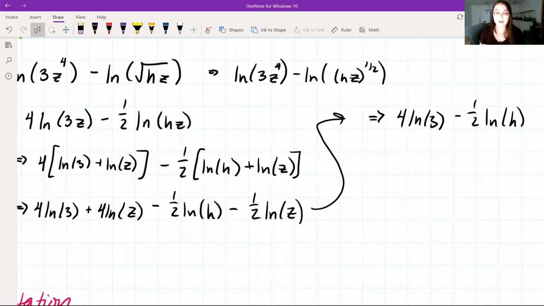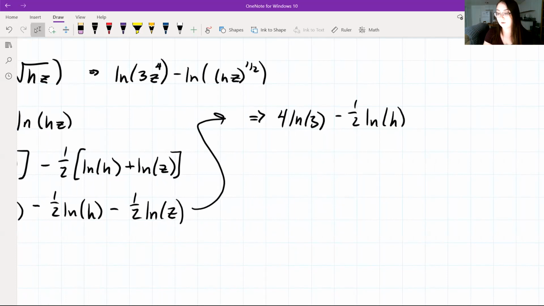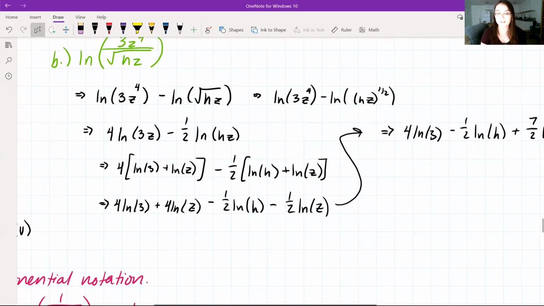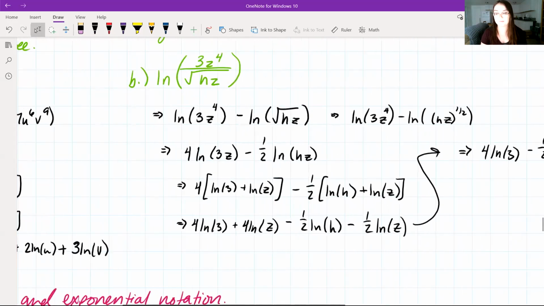So what we're doing is we're saying 4 natural log of z minus 1/2 natural log of z. We know that 4 is equal to 8 divided by 2. So when we subtract 1 divided by 2, we end up getting 7 divided by 2 times the natural log of z. And that is how we end up being able to simplify an equation that looks like this into an equation that looks like this.